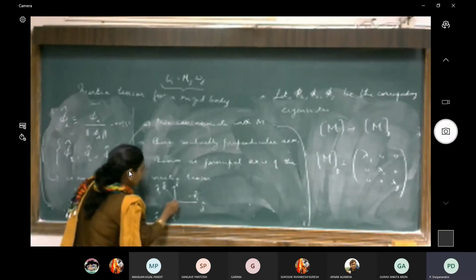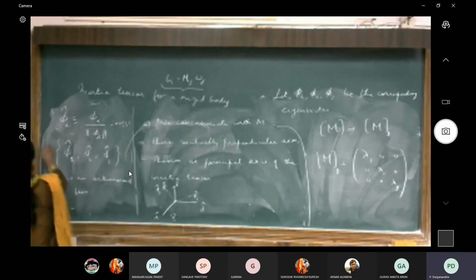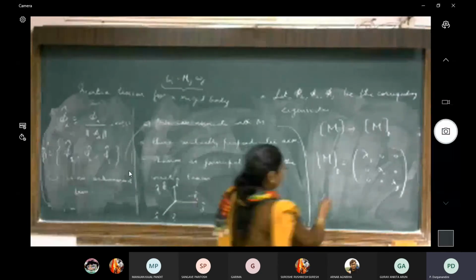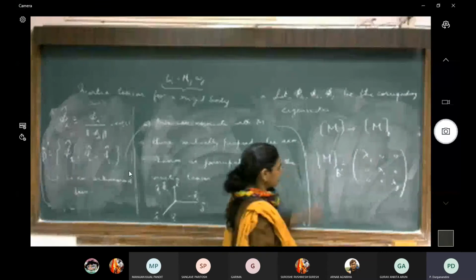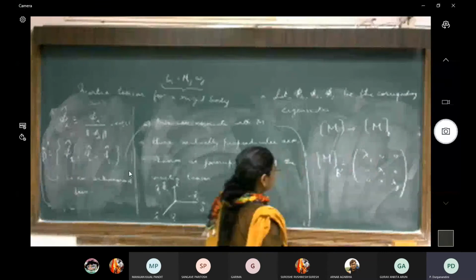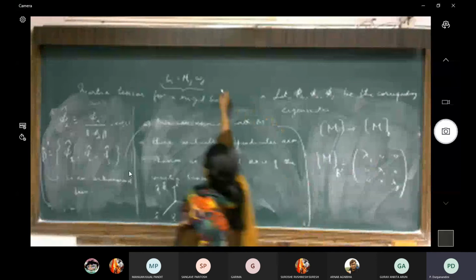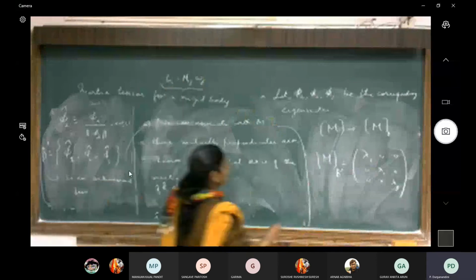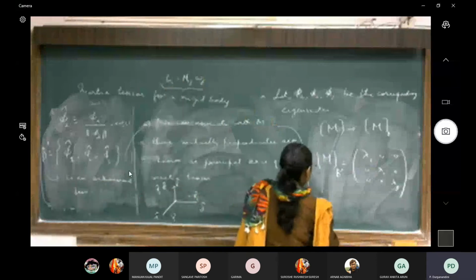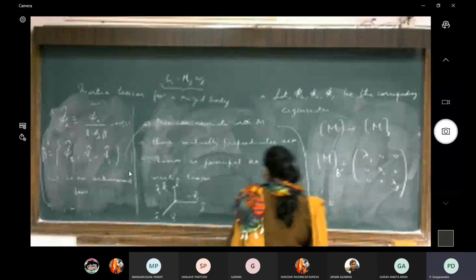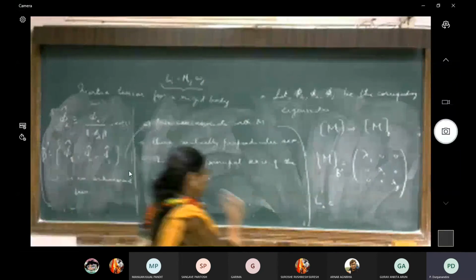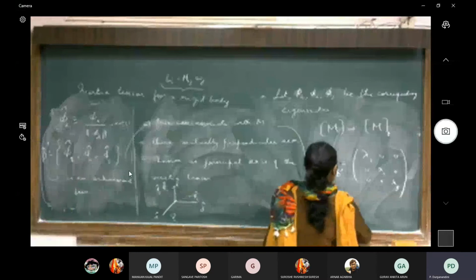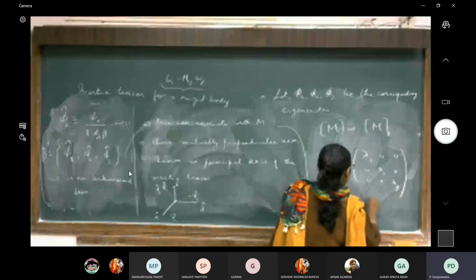And so if I choose this as my new basis, then I call this P prime, and my inertia tensor simply becomes this. Now in this basis, what does this equation become? You can see that in this basis, your L prime will be simply equal to M prime times omega prime.